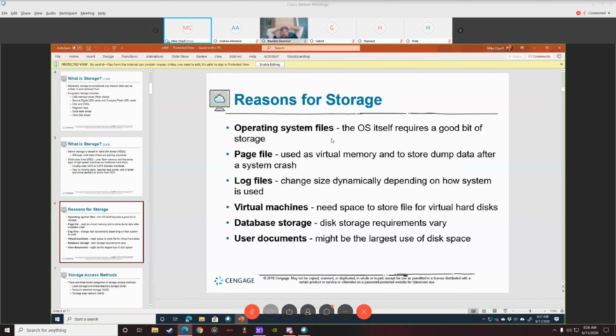And also, there's another use for it. For example, if you run multiple applications at one time on your machine and you run out of physical memory, then you can use the virtual memory. This is another use for it.